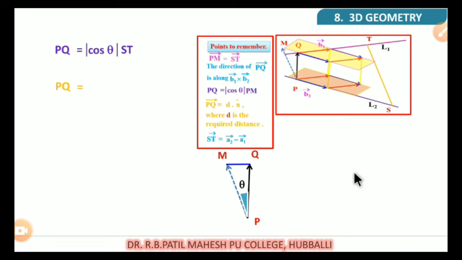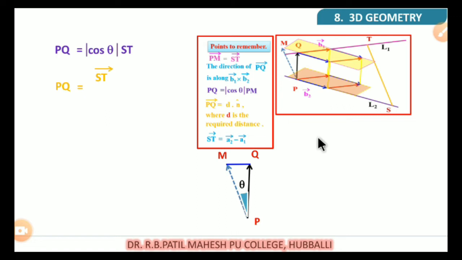Therefore PQ is equal to cos theta, where theta is the angle between PQ and ST, since ST is equal to PM.